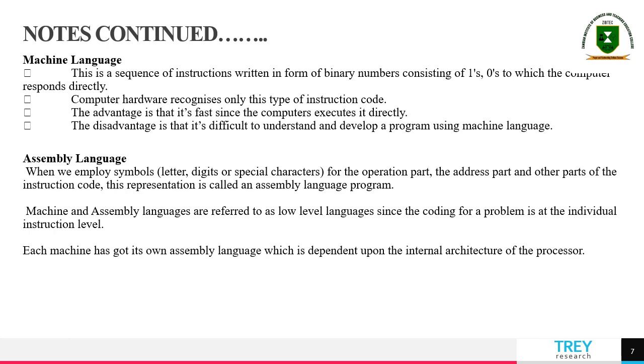Computer hardware recognizes only this type of instruction code. The advantage is that it's fast since the computer executes it directly. The disadvantage is that it's difficult to understand and develop a program using machine language.